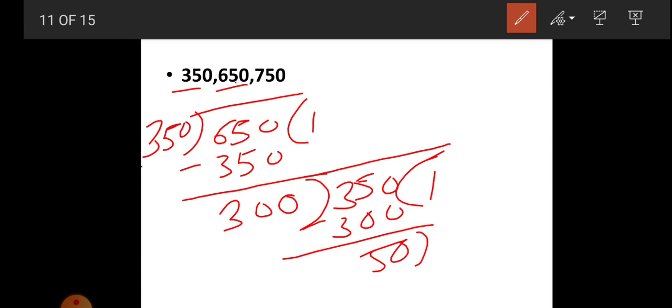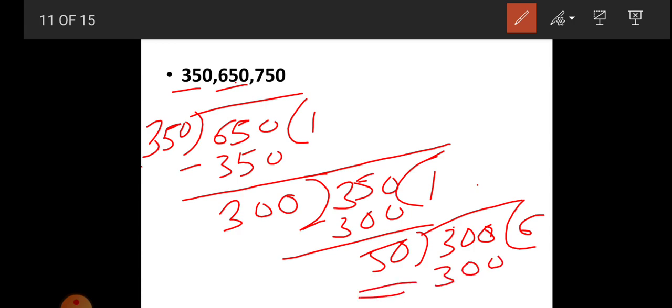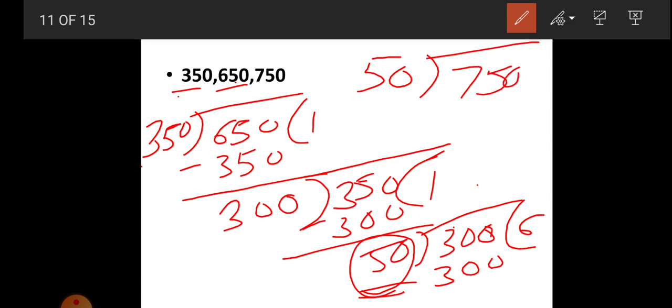So now this 50 again, 300 divided by 50. 50 sixes are 300. So now this 50 is a divisor of 350 and 650, and that divisor is now divided into 750.